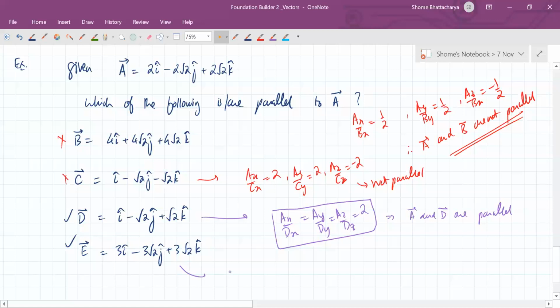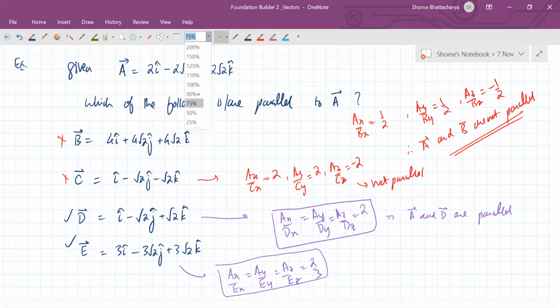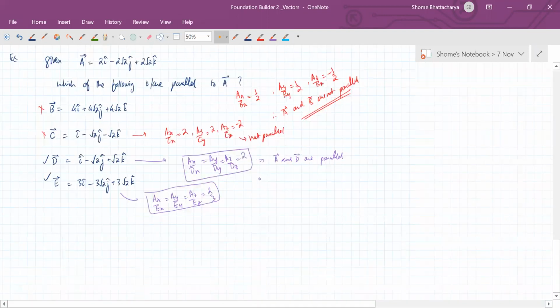You can see that 2 by 3. So I'll just show you another way of verifying it, but this formula is enough.